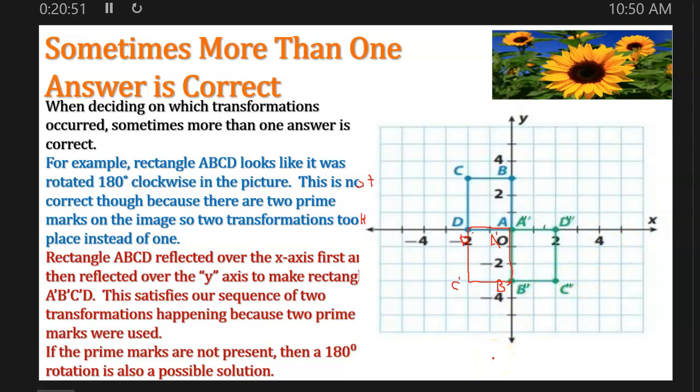Now, if the prime marks were not located there, if we just had the blue rectangle and the green rectangle, then you could have listed both options as a possible answer. So if the prime marks weren't there and we couldn't tell which order something came in, we could have said, well, this is a 180 rotation, but it could have also been two reflections, a reflection over the x and then the y.